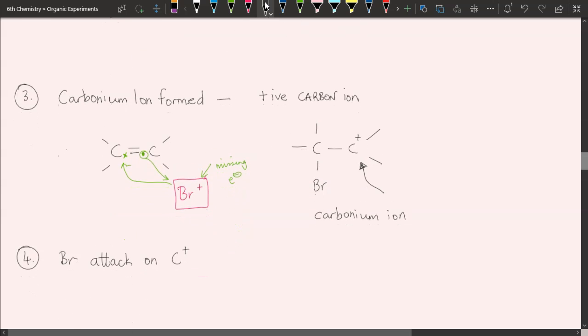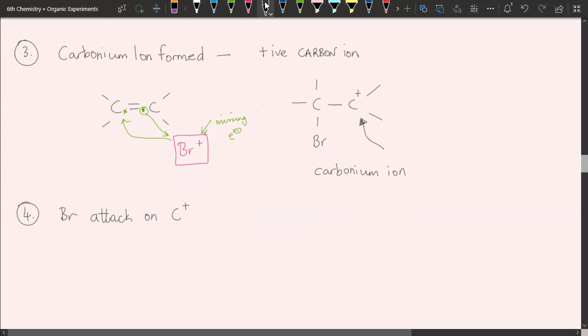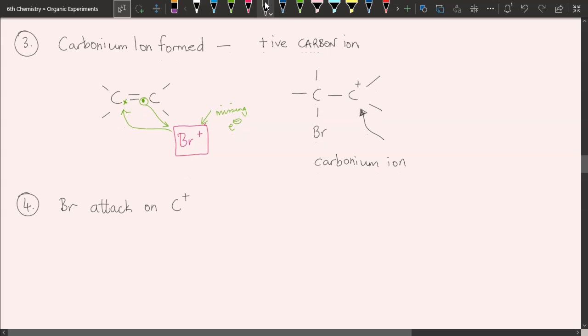Now, where do we go from here? Well, we're down to the final step. What we now have is our carbonium ion with our bromine, surrounded by hydrogens. And of course, this time we have the Br negative, which was formed up above. And of course, it being negative is attracted to this particular carbonium ion.